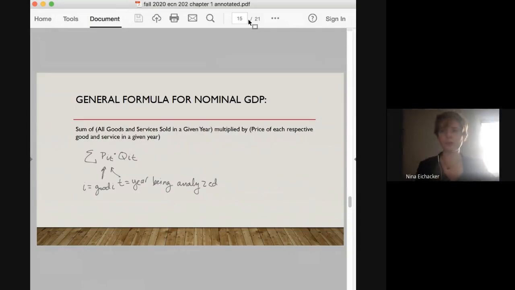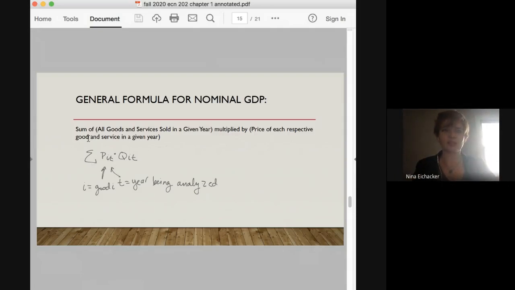Now the general formula for nominal GDP, and remember we're talking here about just one year, is the sum of all goods and services sold in a given year multiplied by the price of each respective good and service in a given year. I'm not going to test you on this notation, but often in economics we revert to using Greek notation.